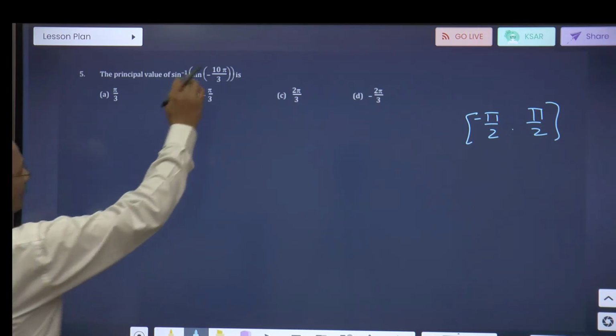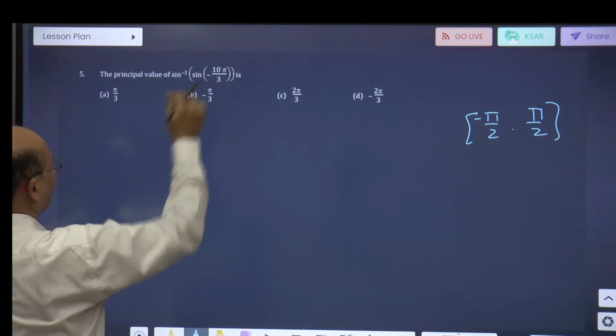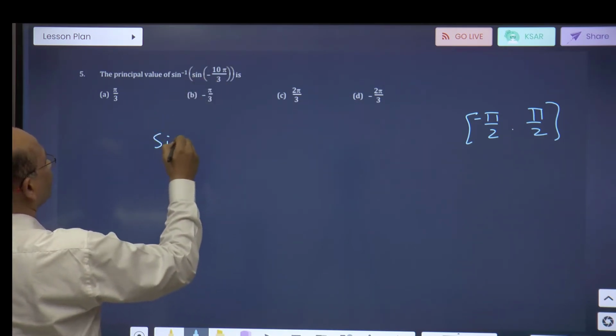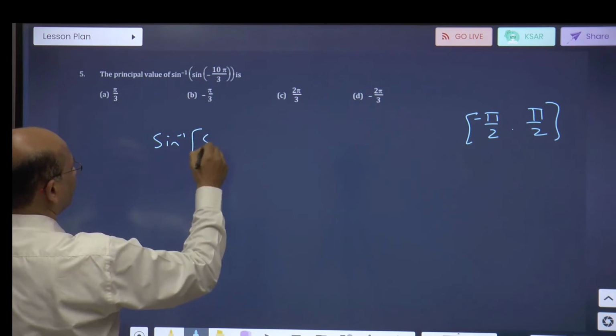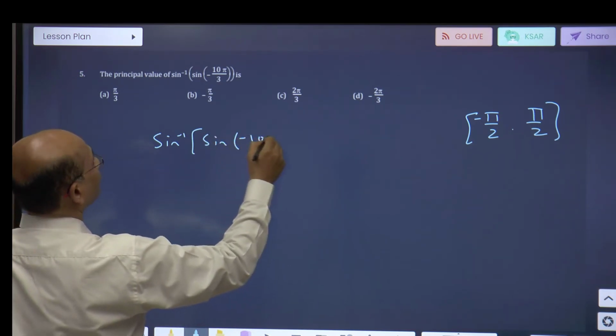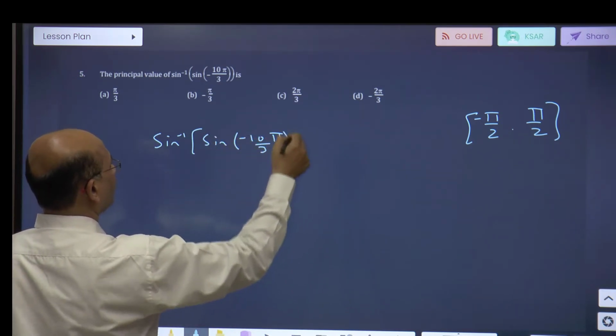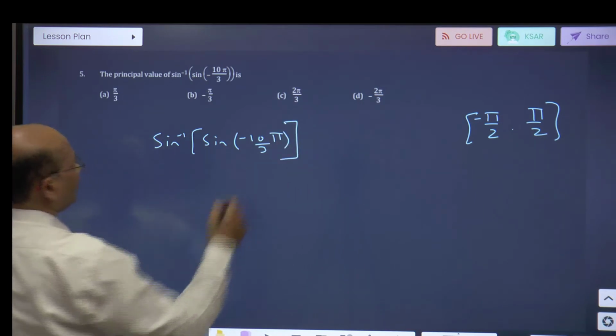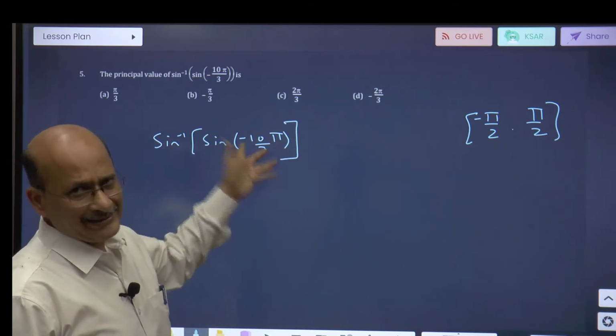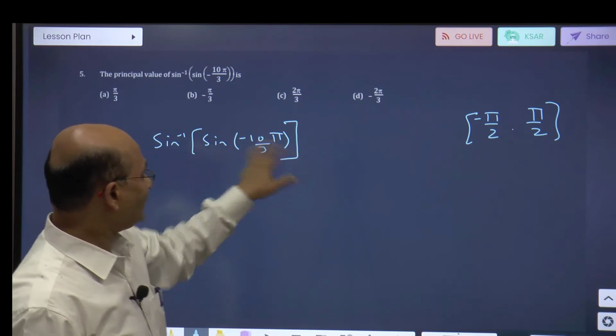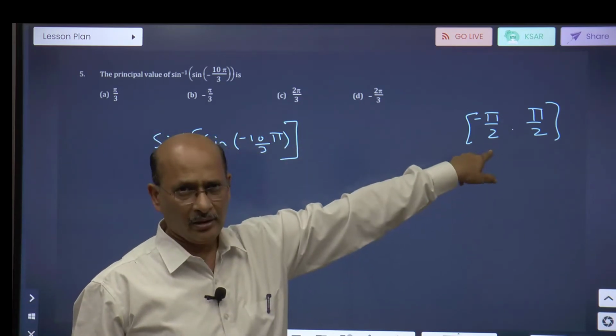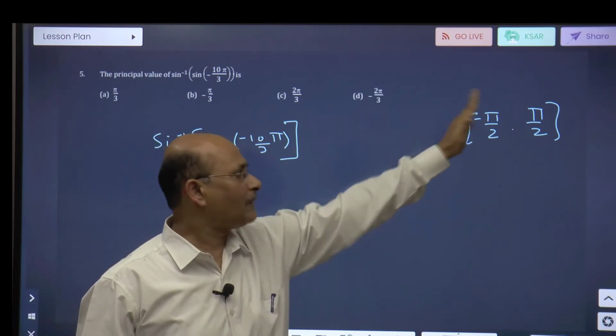Okay. First, always sine of minus theta is minus sine theta. So, okay, I'll just try to work it out with you. This is nothing but sine of, say, minus 10 pi upon 3. Now, see, sine inverse of sine x is x only. But when I write x, that has to come in between minus pi by 2 and pi by 2.